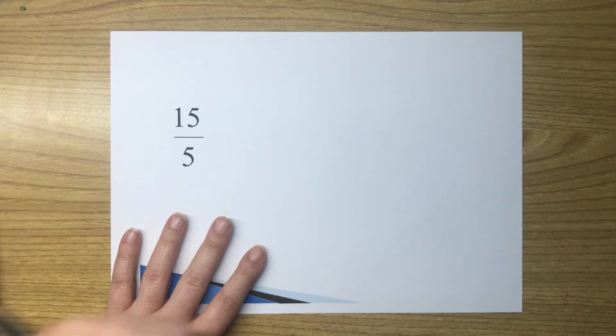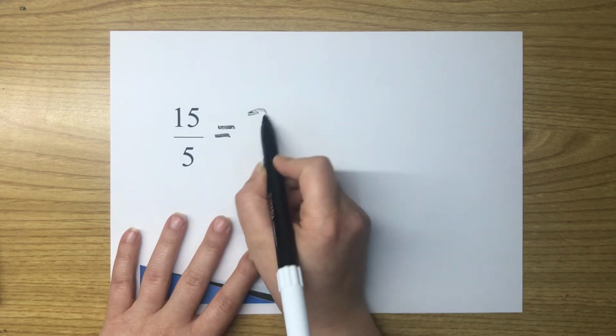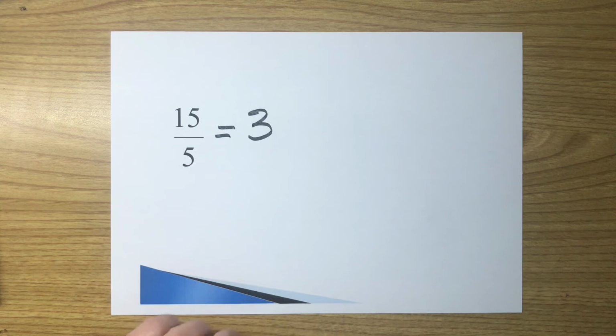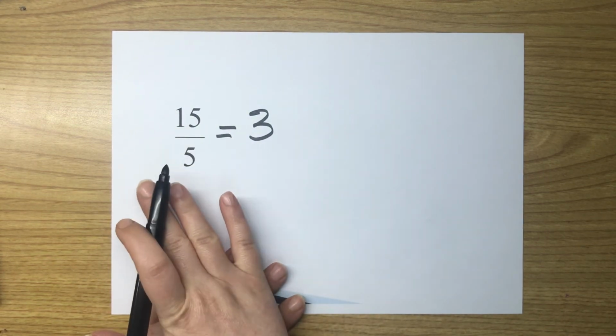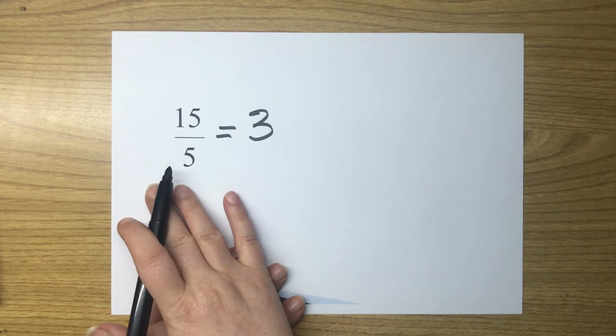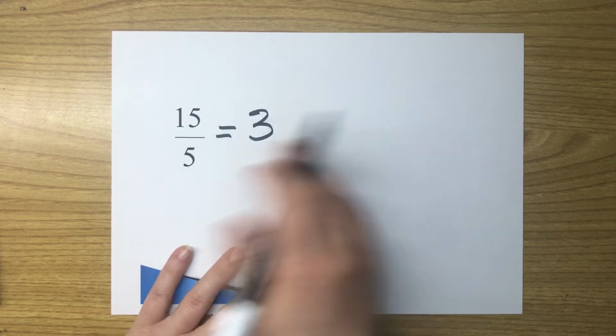A multiple of 5. So it's going to be 3 wholes. And that's it. Okay, remember, fractions are another way of representing what? Representing division.